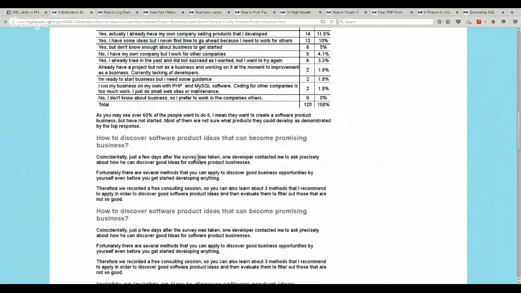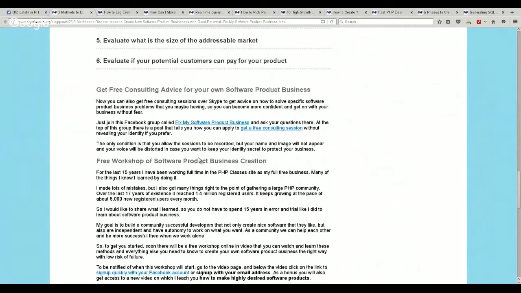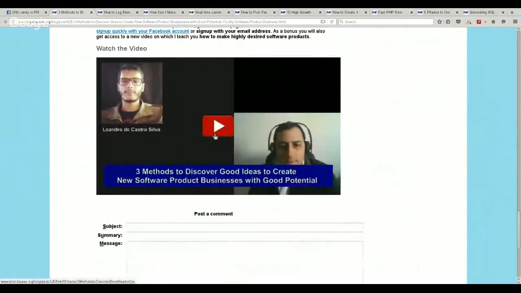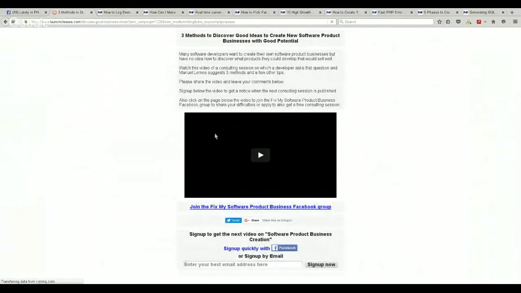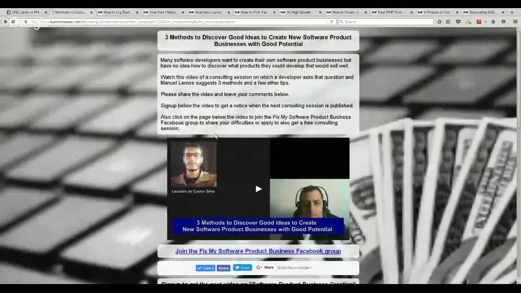So coincidentally, there was a free consulting session that I gave to a developer, Leandro Castro da Silva, that wanted to know precisely how to discover good business ideas, because we are developers, but sometimes we don't know what could be great ideas. Sometimes we have an idea, but the idea is not so great in terms of business. So I give 3 methods.